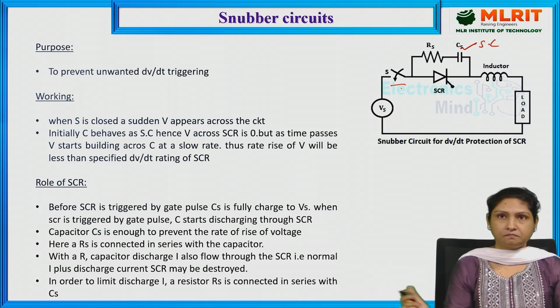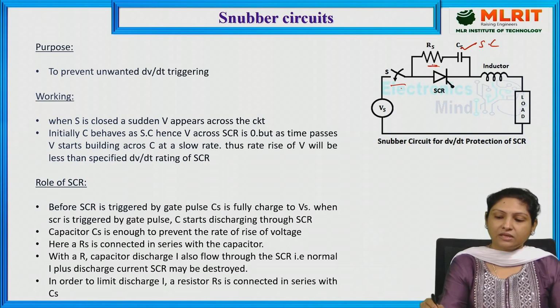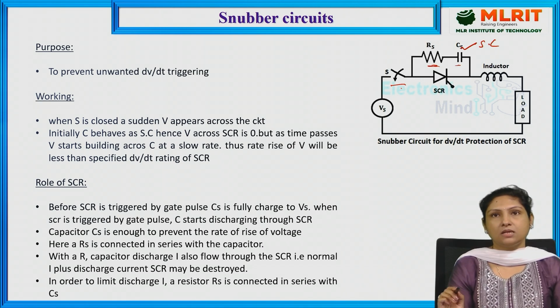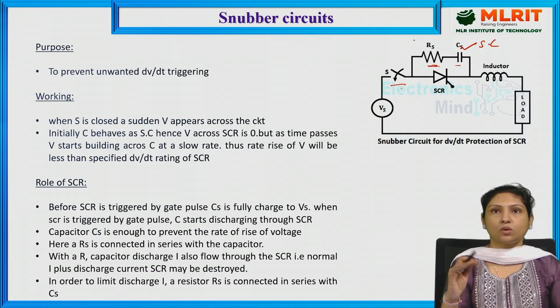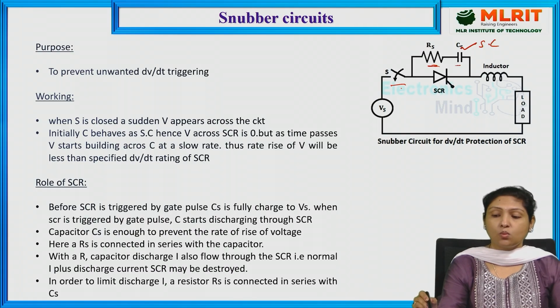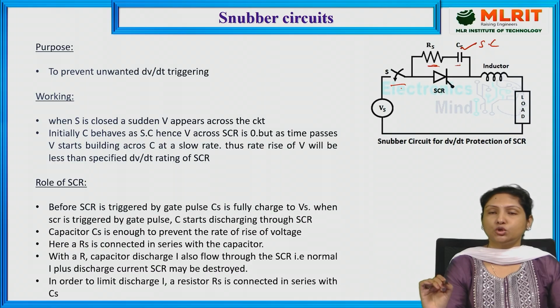Here, we also connect a resistor in series with the capacitor. When the gate triggering pulse is provided and the SCR is turned on, if this resistor were not provided, the charge stored in the capacitor would discharge through the SCR, thereby damaging it, and that should not happen.